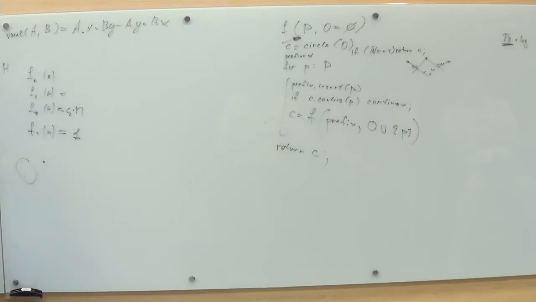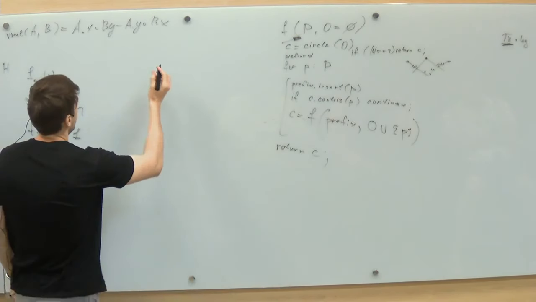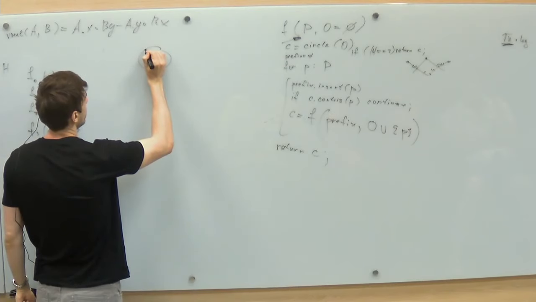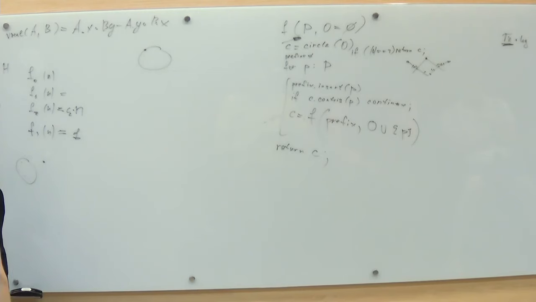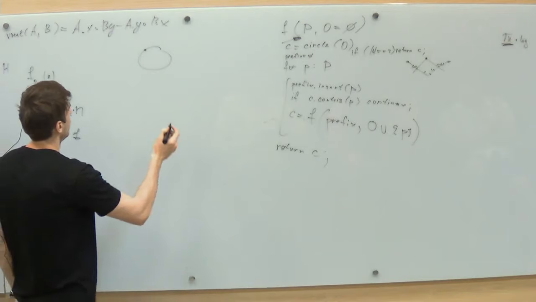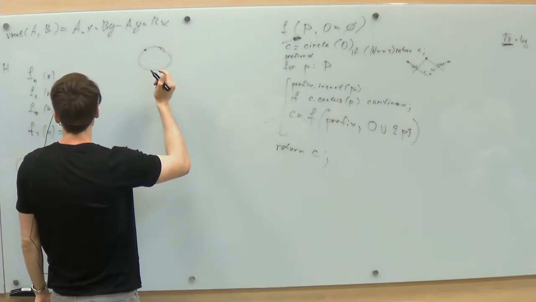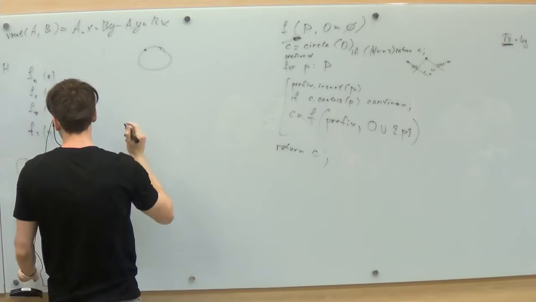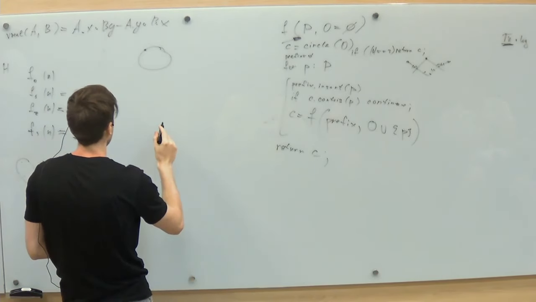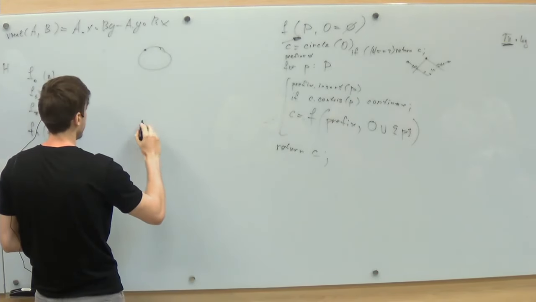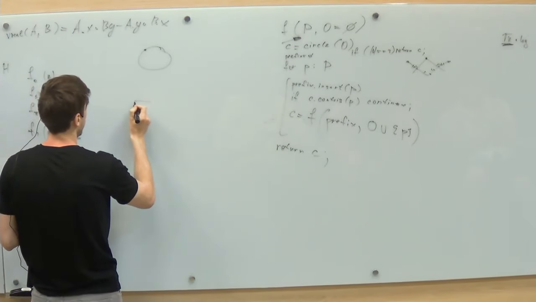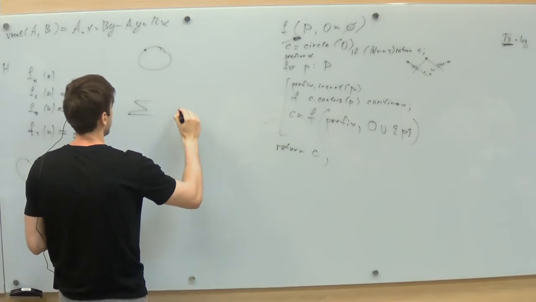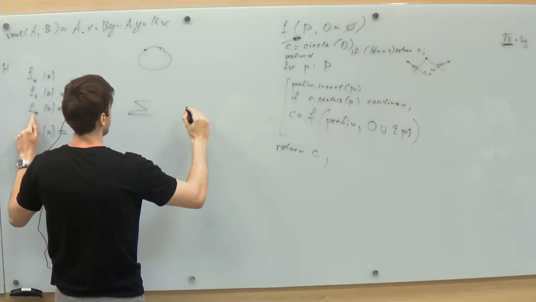And what about this one? This already has 1 point on the boundary. When we have the call of F2, here it will be the sum of the calls.